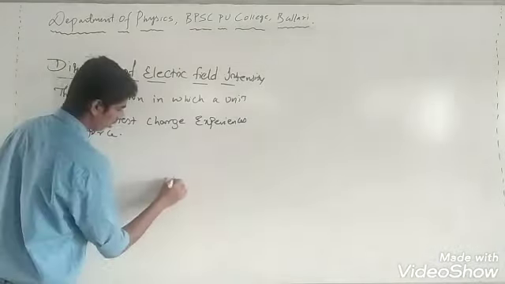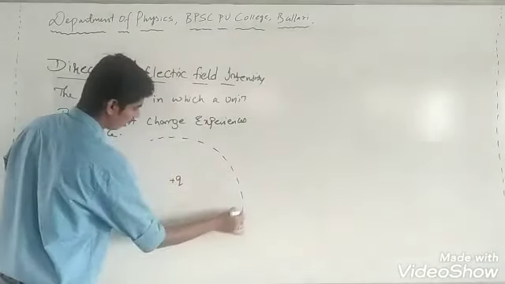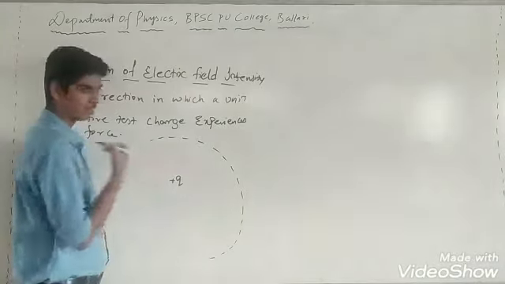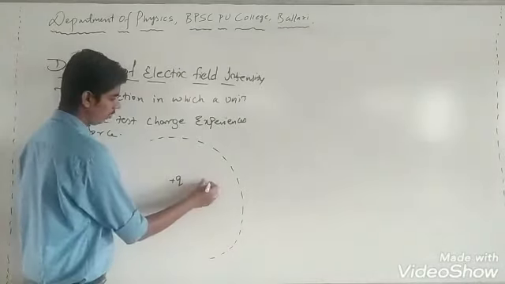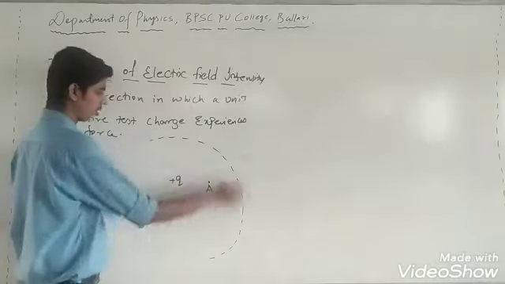Suppose here is a positive source charge. We know this source charge will create a region around it, and we call this region around a charge an electric field. Suppose I need to find the electric field at some point A in this region.